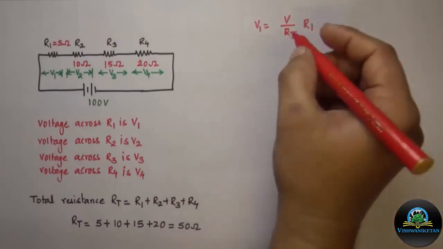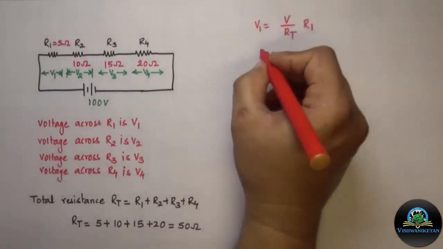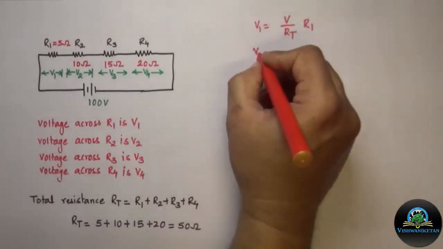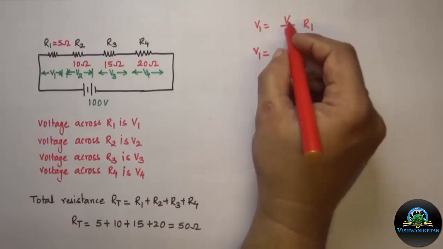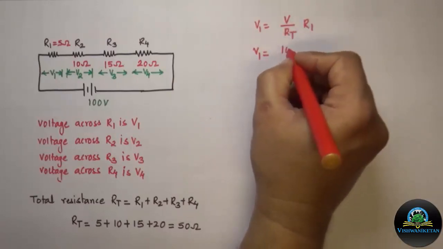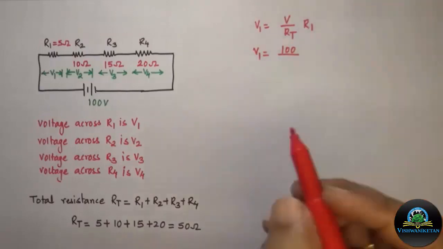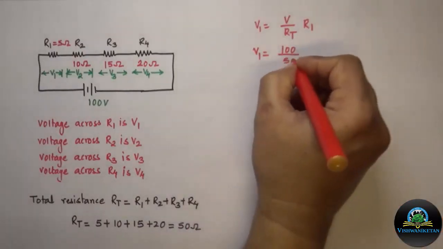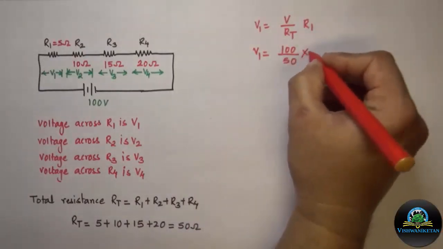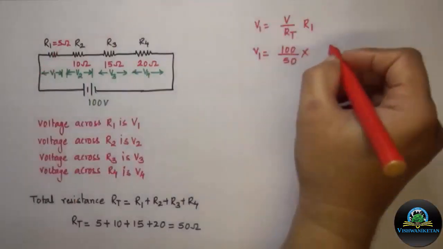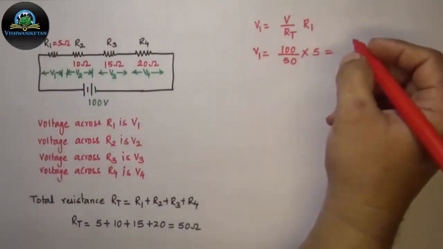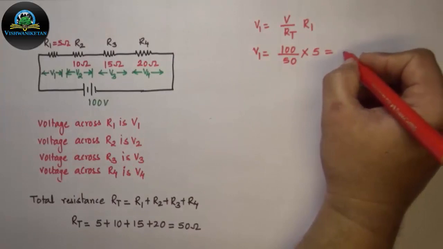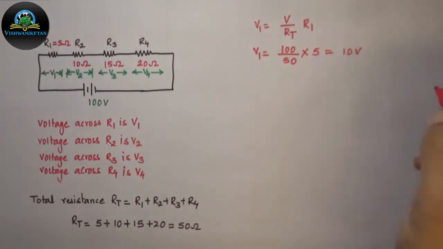So, substituting values of all, we get V1 equal to, substitute value of V is 100 volt, total resistance is 50 ohm into value of R1 is 5 ohm. So, we will get V1 as 10 volt.